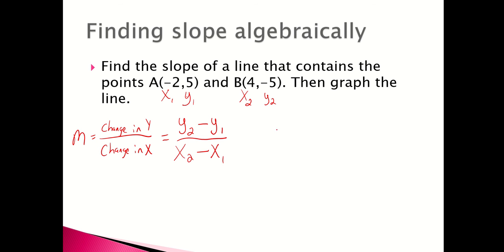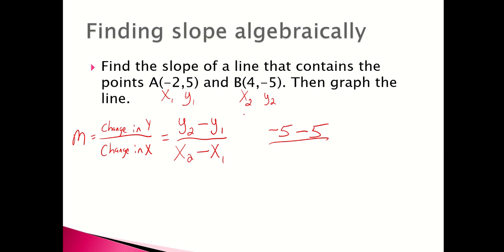So with this particular example, y2 is what? y2 is negative 5 minus, I'm looking right here, y1. What's y1? 5, over x2.